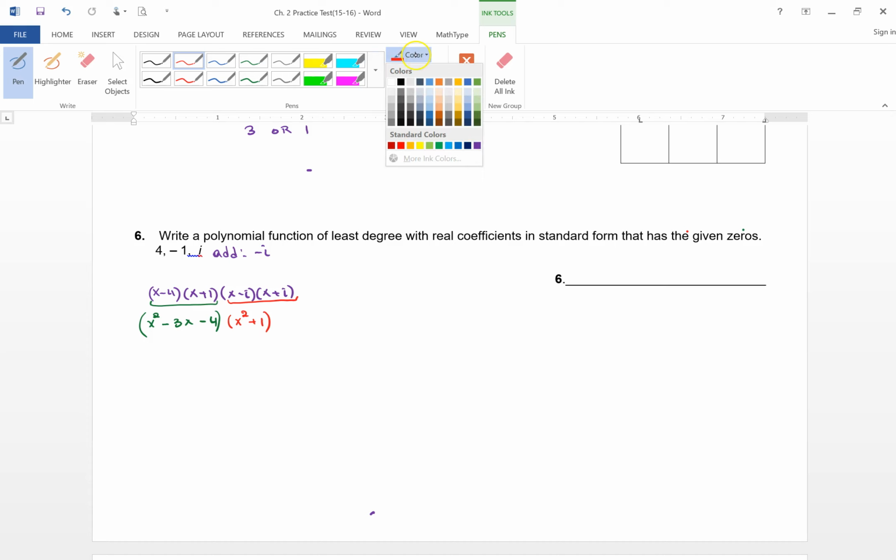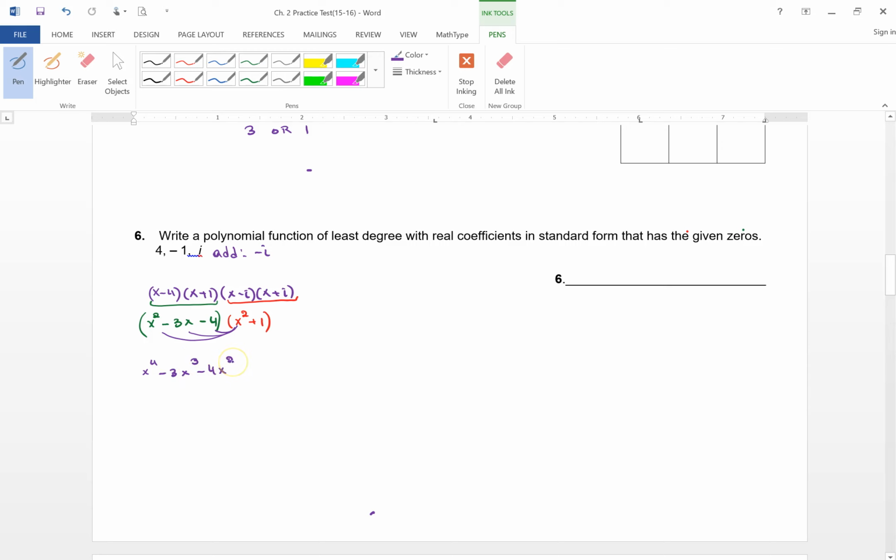Now we're going to multiply these. So first multiply the x squared, and we get x to the 4 minus 3x cubed minus 4x squared, and then the 1. Okay, so we get x minus i, x plus i going back.